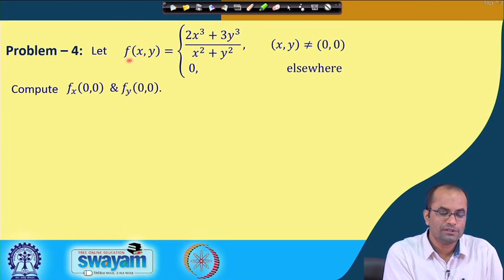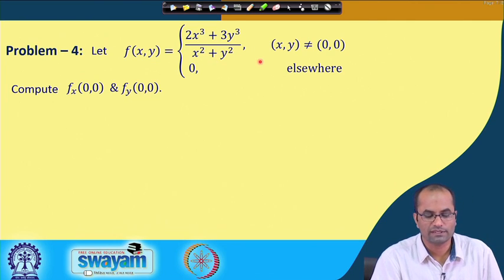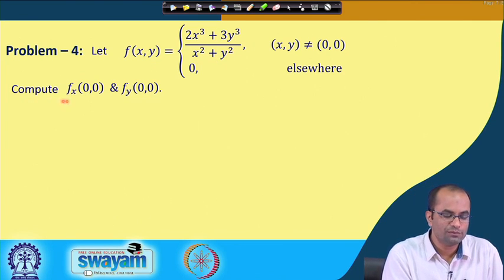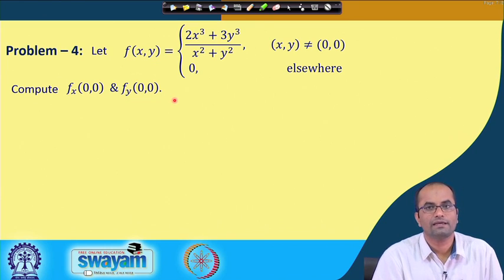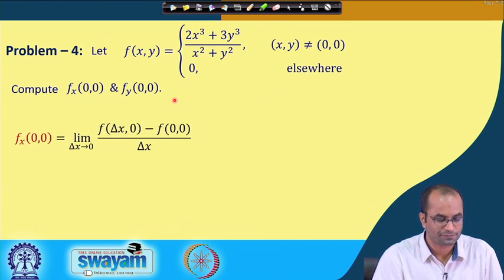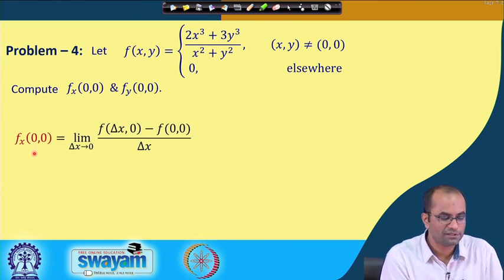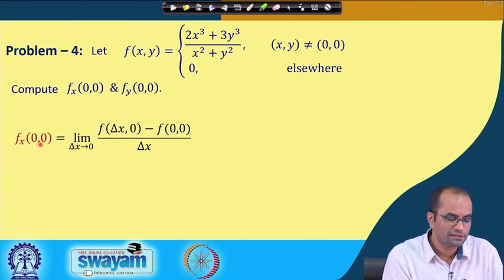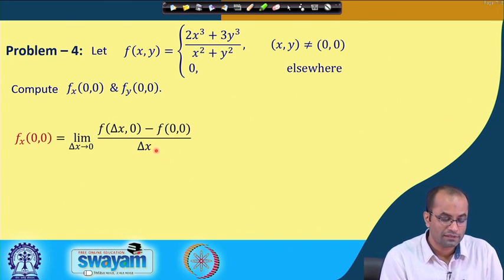Another problem. Here we have f(x, y) equal to (2x³ + 3y³) divided by (x² + y²). We want to compute f_x and f_y at the (0, 0) point. Again, as per the definition, we have f_x(0, 0) equal to f(Δx, 0) minus f(0, 0) divided by Δx, as Δx goes to 0. This is the partial derivative with respect to x.